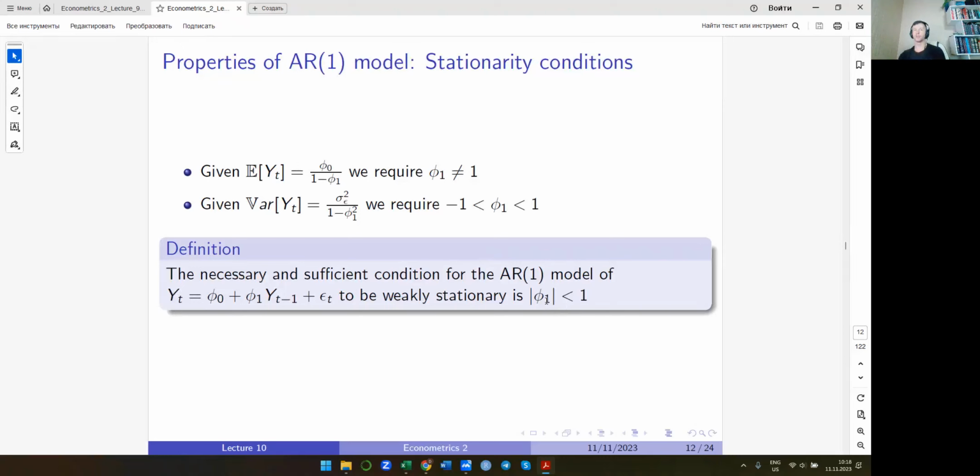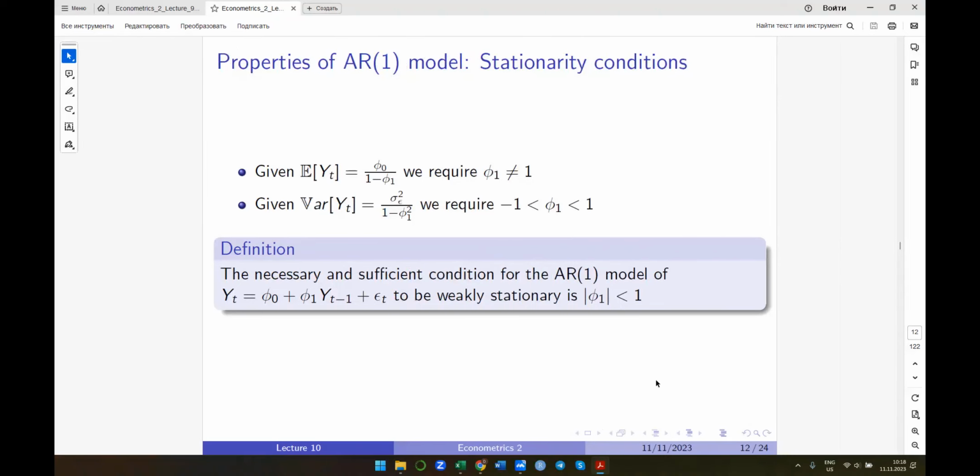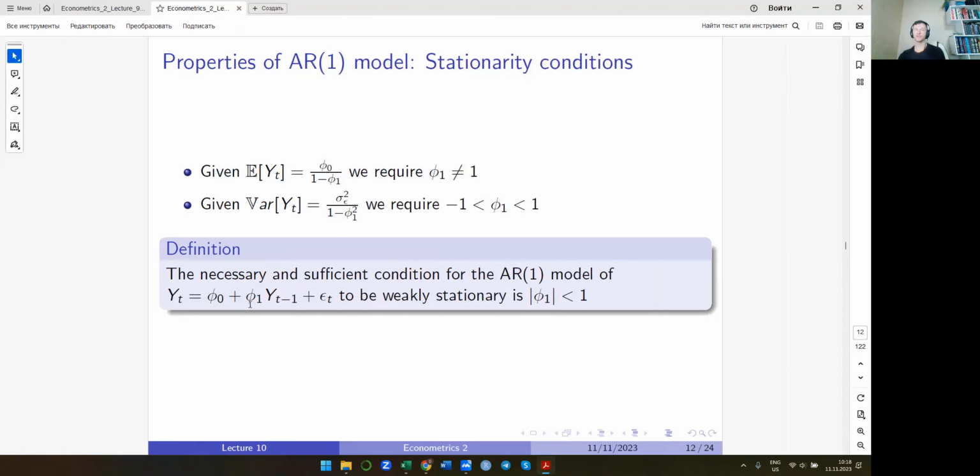So the absolute value of phi1 should be less than 1. If this coefficient in absolute value is less than 1, then the whole model is stationary. And if the model is stationary, then it has good and pleasant properties for us, for now.